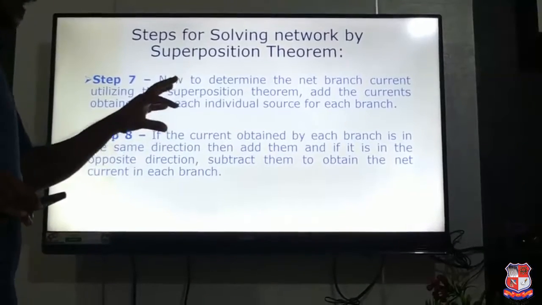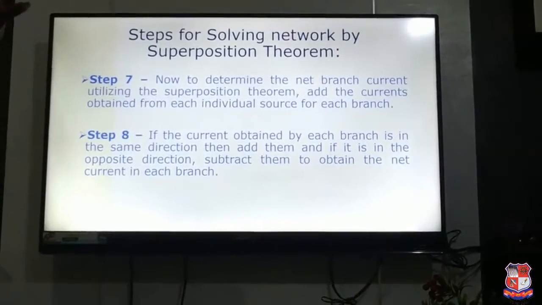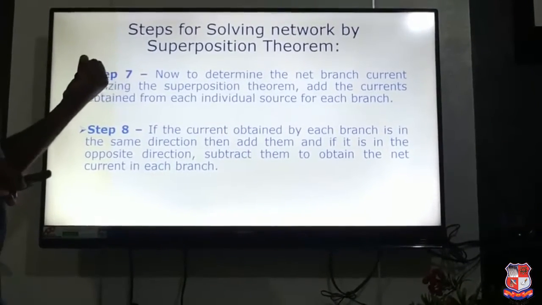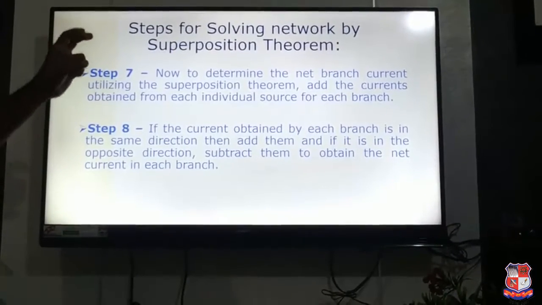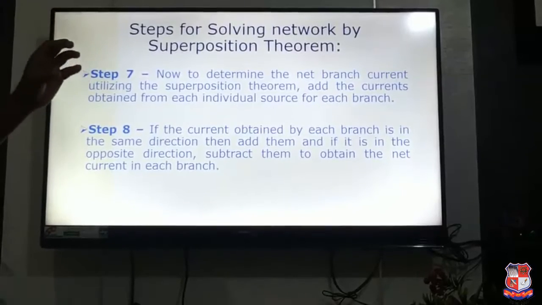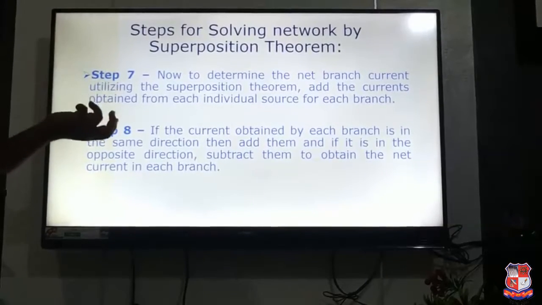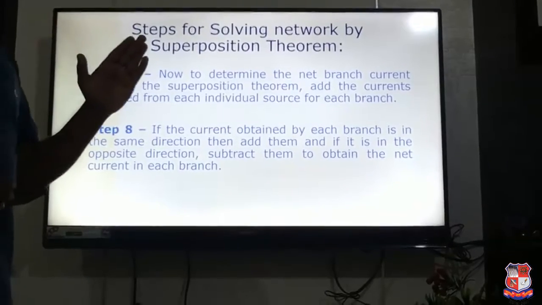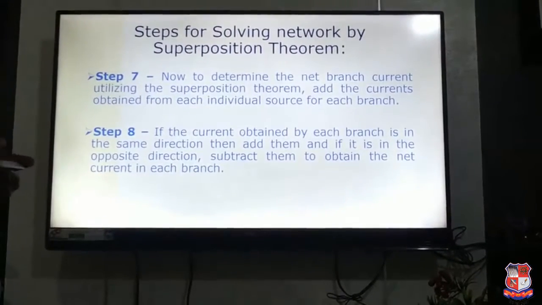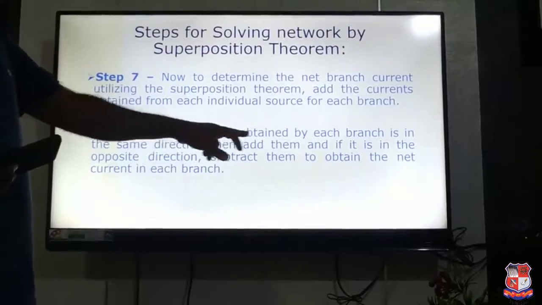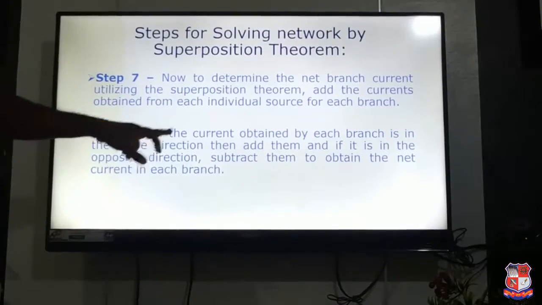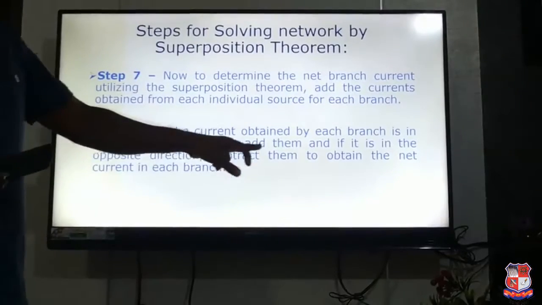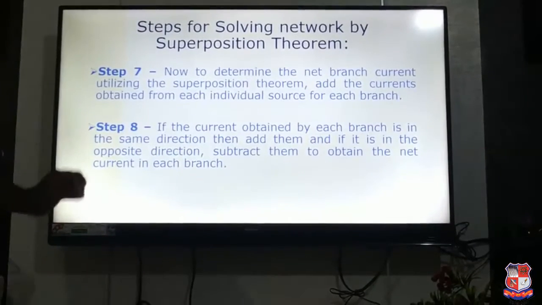Now we have to calculate the resultant current when both the sources are applied in the circuit. How can we calculate it? We have to do the algebraic sum of the currents, that is I1 dash, I1 double dash, I2 dash, I2 double dash, I3 dash and I3 double dash. And step 8: if the current obtained in each branch is in the same direction, then add them, and if it is in the opposite direction, subtract them to obtain the net current in each branch.